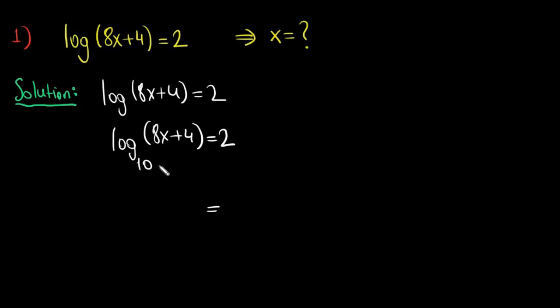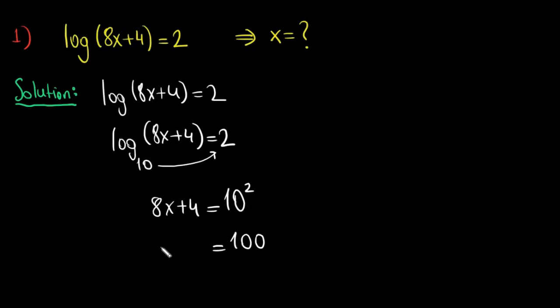Now we are going to take 10 to the power of 2. So 10 to the power of 2 is equal to 8x plus 4, and 10 to the power of 2 is equal to 100.